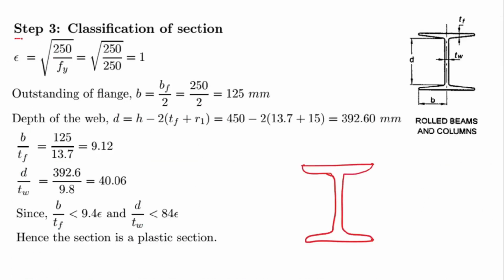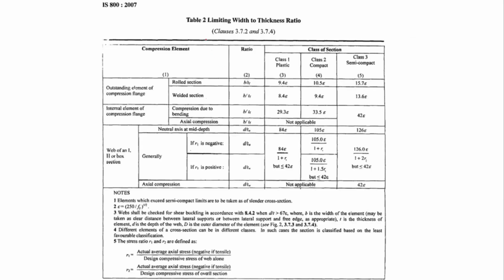Now in step 3 we have to classify the section into the class to which it belongs. For that I have to follow Table number 2, which gives the limiting width to thickness ratio.